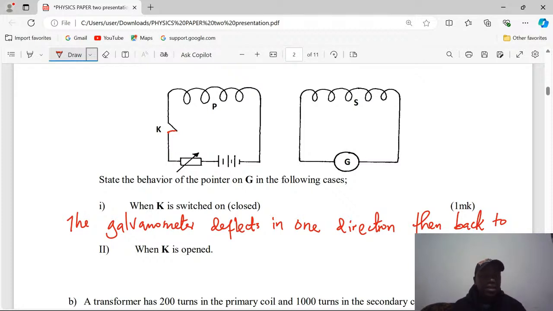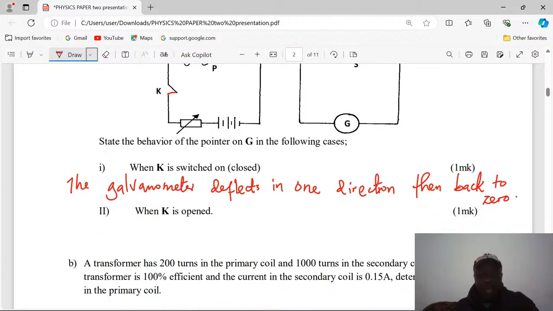And so the magnet in the primary coil is going to be saturated once the current is maximum. And so there will be no more magnetic flux linkage to the secondary. And if there is no more magnetic flux linkage, then we will not expect any current to be induced in the secondary coil. And so the pointer of the galvanometer has to fall back to zero.